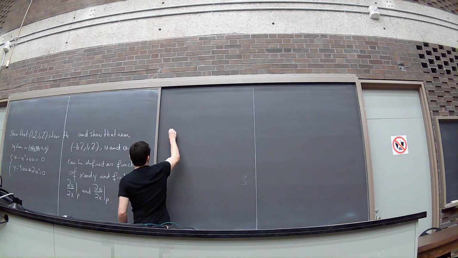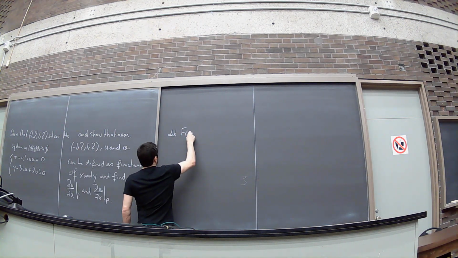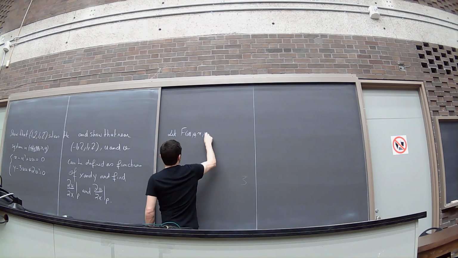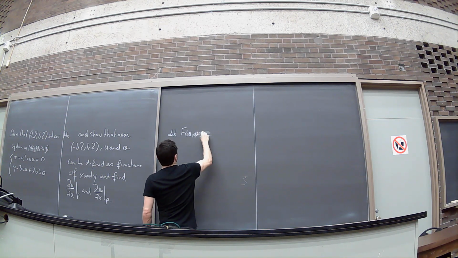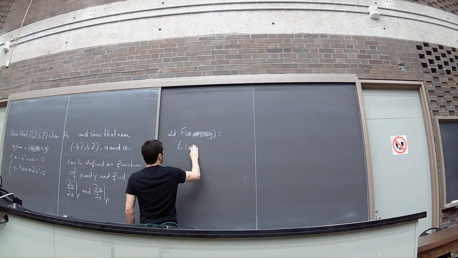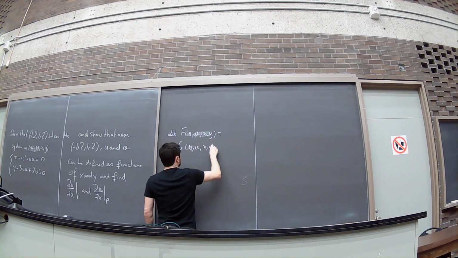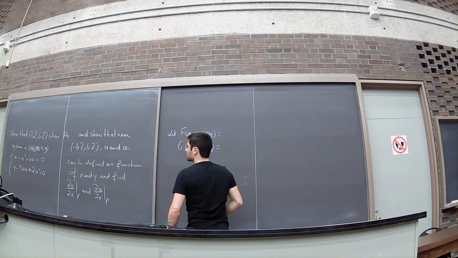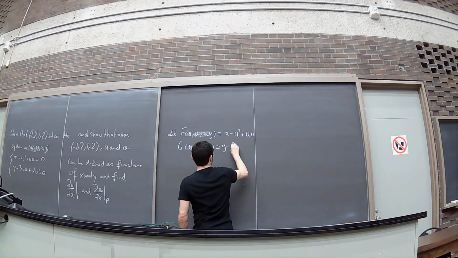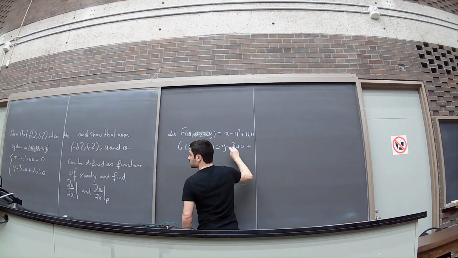Now, so let's see, F(u, v, x, y), G(u, v, x, y), what is that equal to? It's x minus u cubed plus uv, and y minus 3uv plus what?